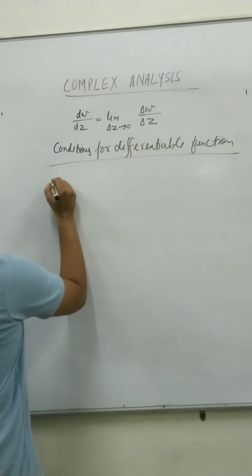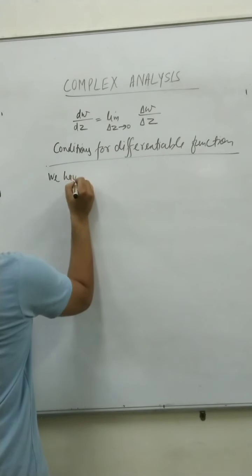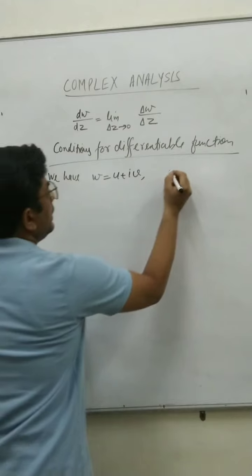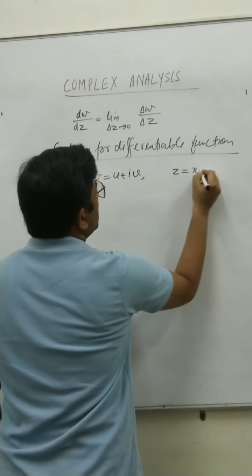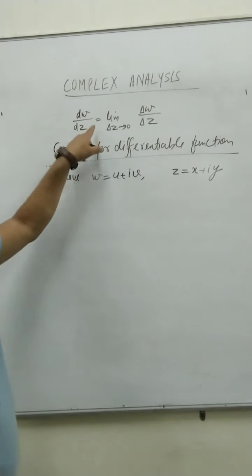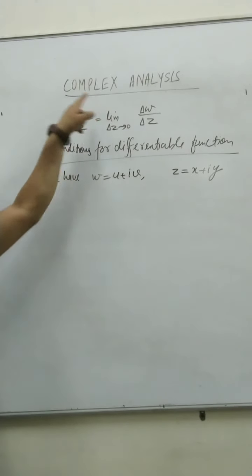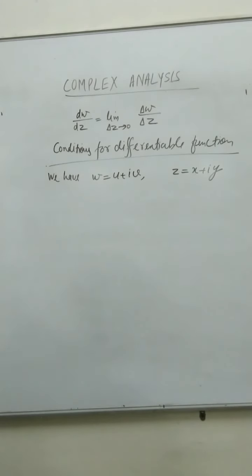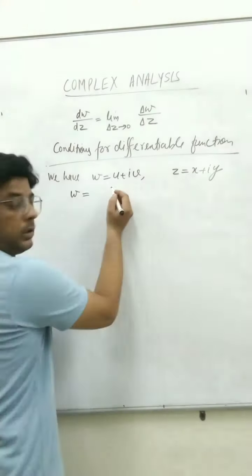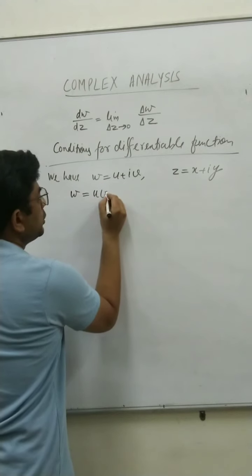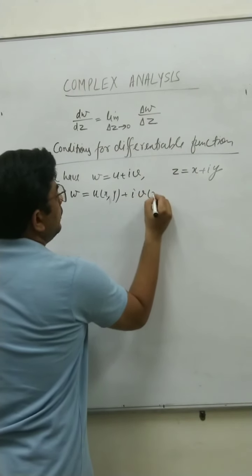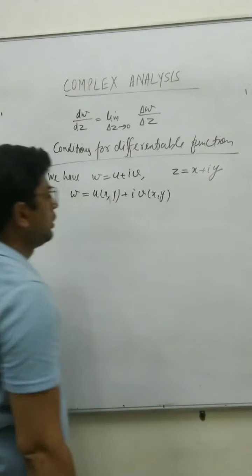So here we have w equal to u plus iv, and we know that z is equal to x plus iy. We understood that u is a function of x and y, and similarly v is a function of x and y.